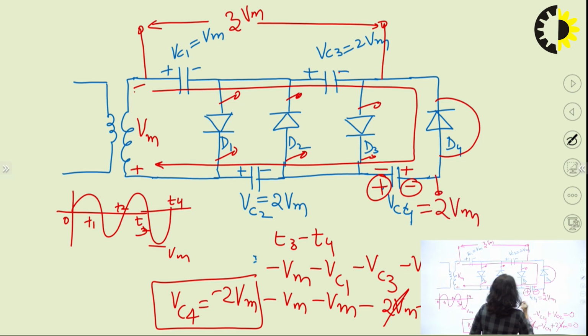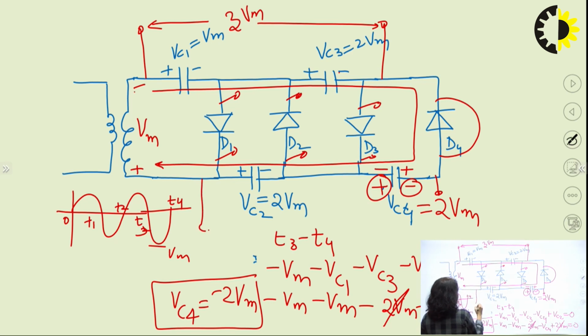So if we measure the voltage across these two capacitors, we can see that the output voltage is equal to minus of 4 Vm. So the sign is negative, but the net voltage is 4 times the peak input voltage which is appearing across the secondary of the transformer.